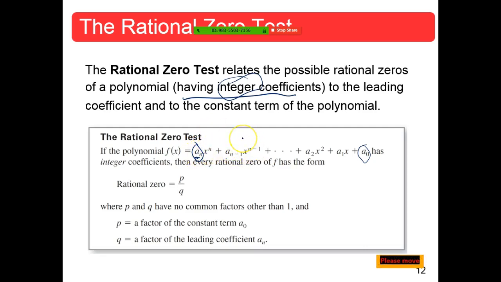That would be an n minus first degree polynomial. So we require that a sub n not be 0. So what we're going to look for, using those two numbers, just those two, the constant and the leading coefficient, then every rational zero will be in the form, if it's a rational number, it's going to be p over q, just like I said, a over b, p over q, where p and q... Say again?